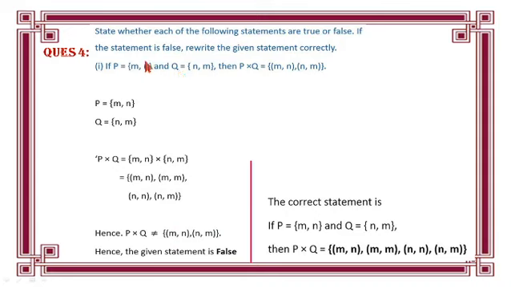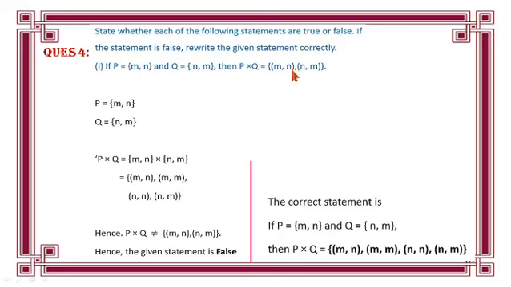Question number 4. Here we have to state whether each of the following statements is true or false. If the statement is false, then we have to make it correct. If P is equal to {m, n}, Q is equal to {n, m}, then the Cartesian product of both the sets is equal to this.